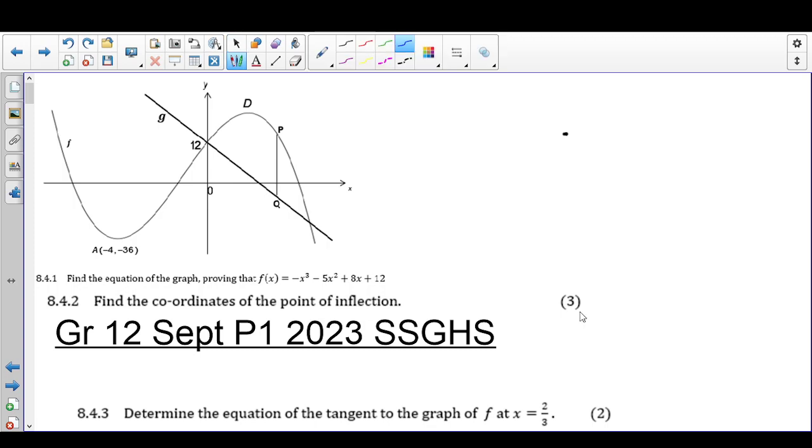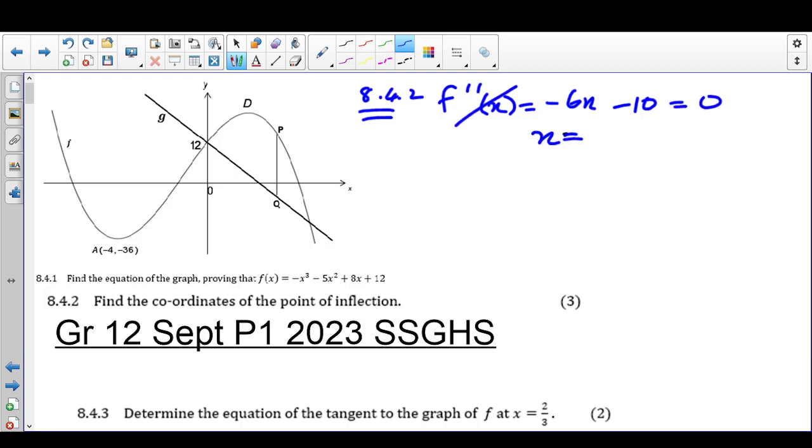So how do you work out the point of inflection? Second derivative. So f double prime of x is equal to negative 6x minus 10. I set that equal to 0, so x is equal to negative 10 over 6, which is negative 5 over 3.